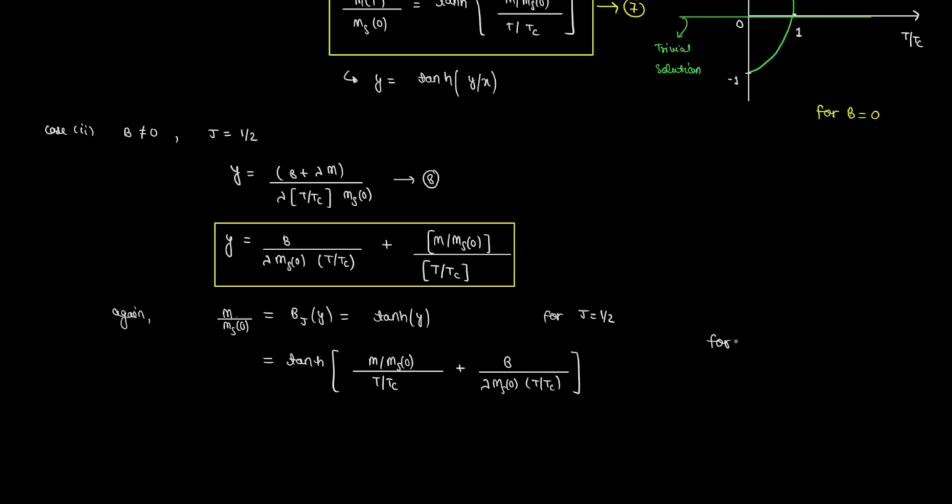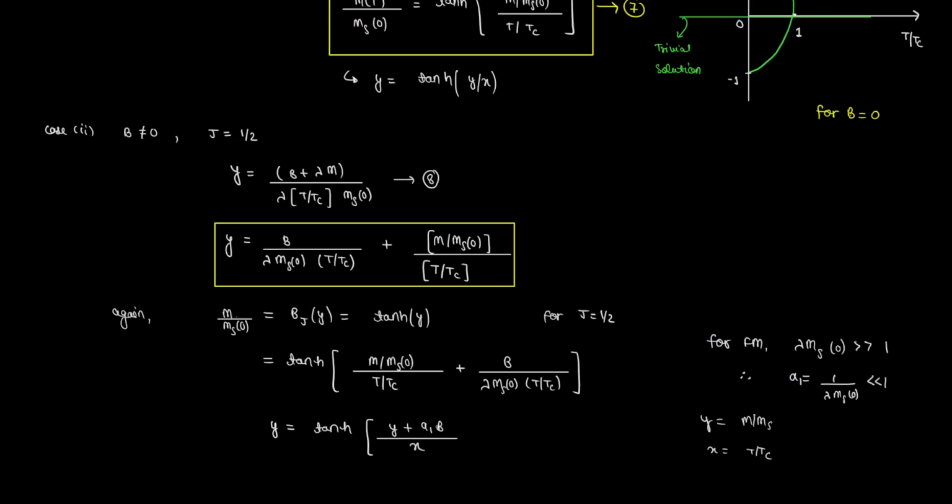Now for ferromagnets, lambda times Ms is much greater than 1. So let's define a quantity which is its reciprocal, which will be much smaller than 1, and assume that y is equal to M divided by Ms and x is equal to T divided by Tc. In that case, this equation will reduce to y is equal to tanh of (y plus a1 B) divided by x, where you must remember that this a1 is much smaller than 1.